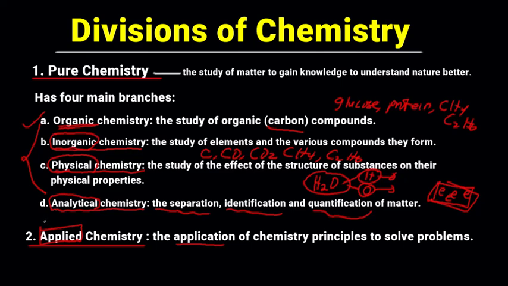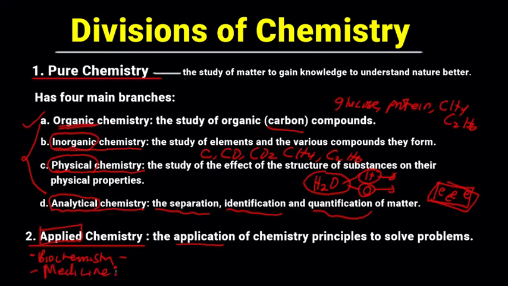Then medicine. Medicine is an area where chemistry principles are applied a lot, especially in the production of wide range of pharmaceutical products or drugs. Then we can also look at area like agriculture.